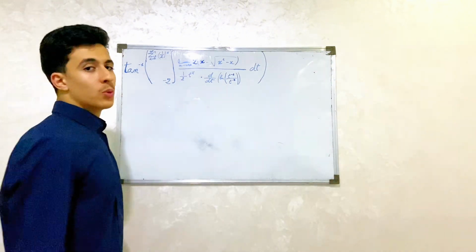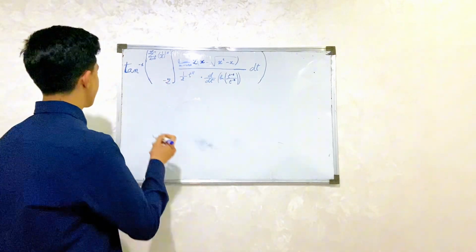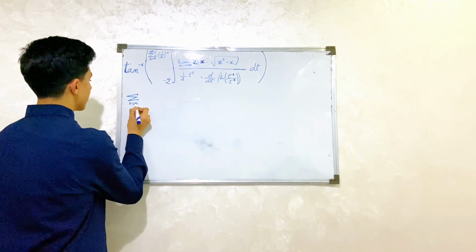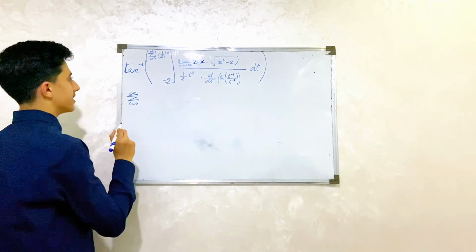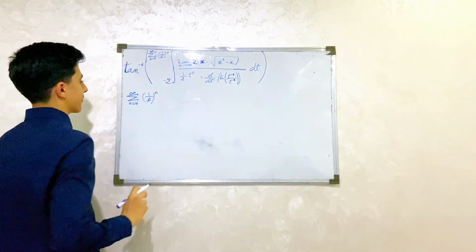Okay, now we are going to go for the upper bound of the integral, which is the sum from n equal to 0 to positive infinity of 1 over 2 to the nth power.